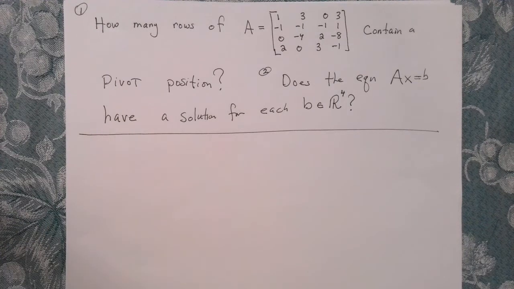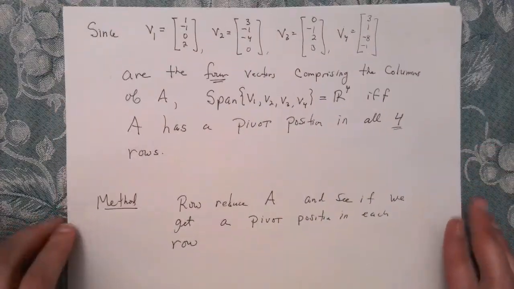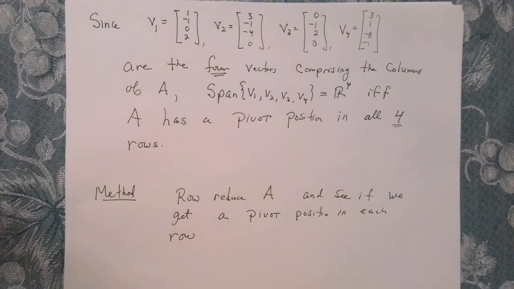Here we want to know how many rows of the matrix A contain a pivot position, and as a follow-up question, does the equation Ax = b have a solution for each b in R^4? Okay, so let's investigate. I'm just going to label the columns of A as column vectors.